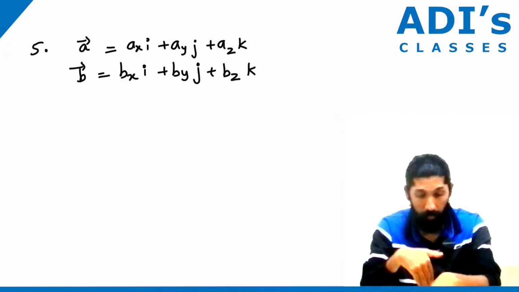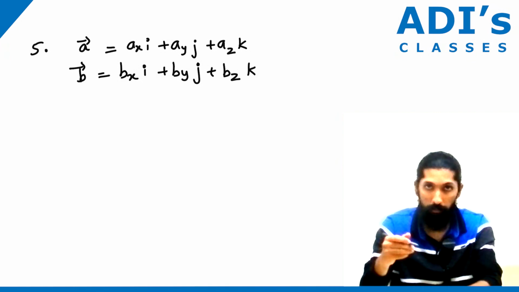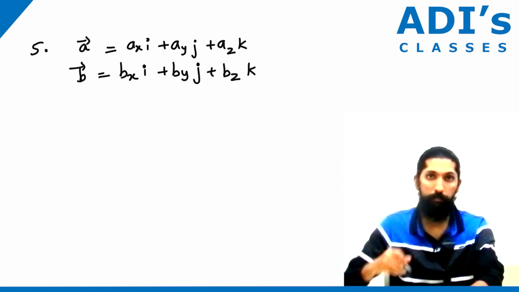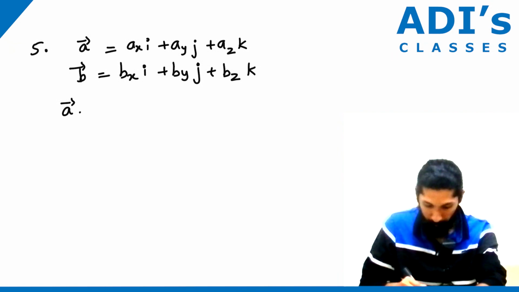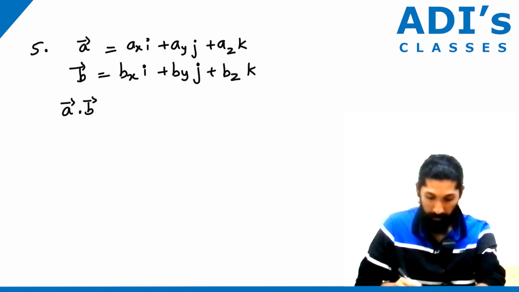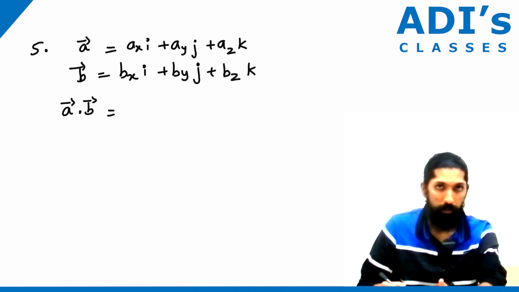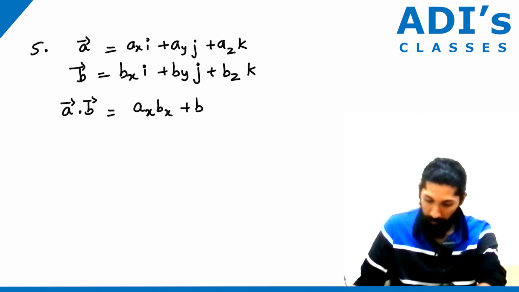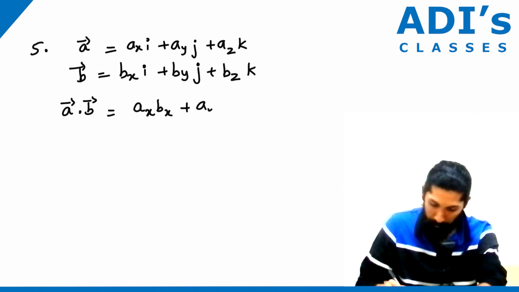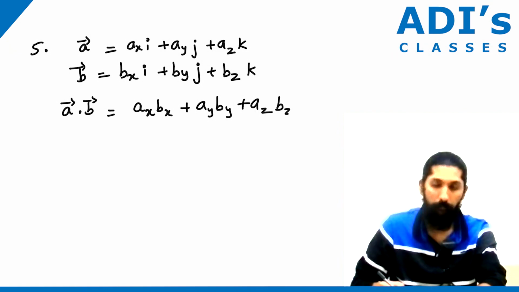Fine. So now since we have resolved it, when you take vector A dot vector B, we multiply normally, but then the result is going to be just AX BX plus AY BY plus AZ BZ.